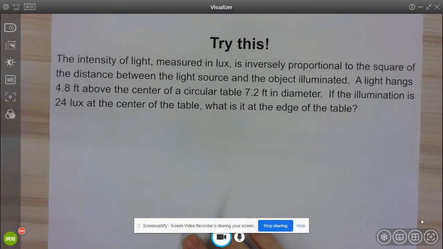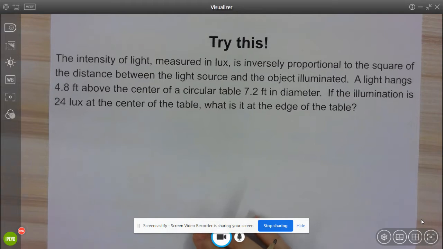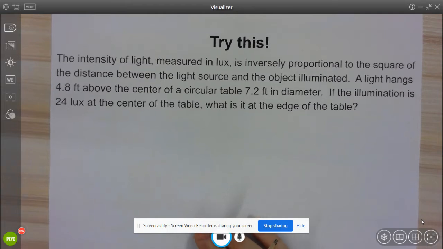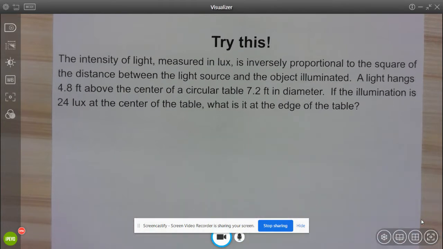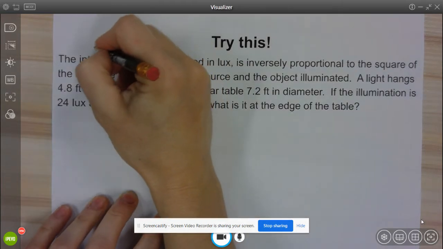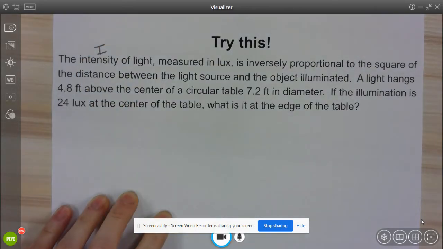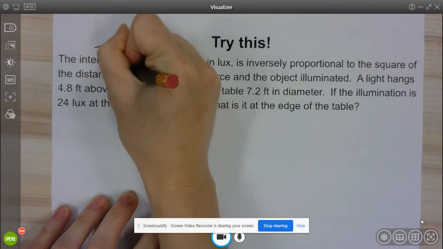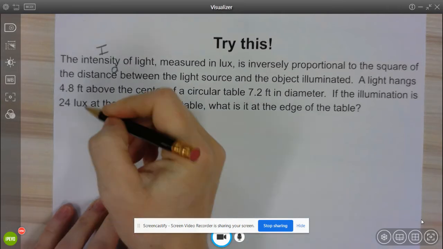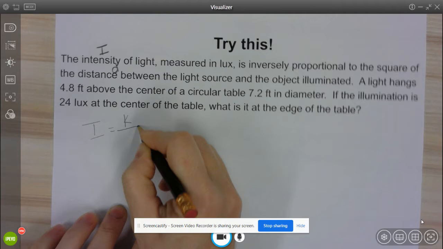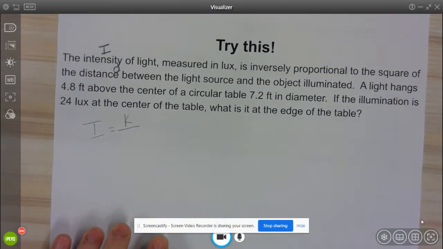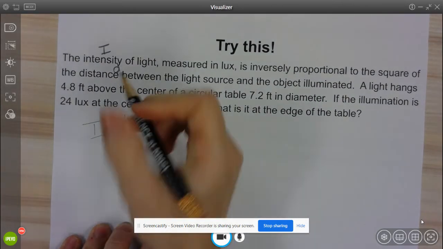Next little challenge question we've got for you here is a little bit different because now it says it's inversely proportional to the square. So I'm going to label intensity as I. I'm going to label the distance as D. So the intensity is inversely proportional to the square of the distance.